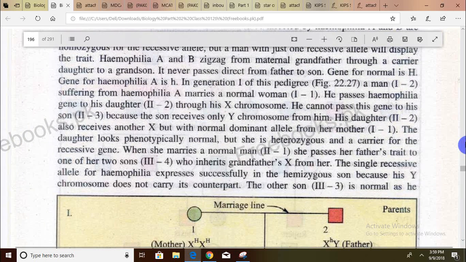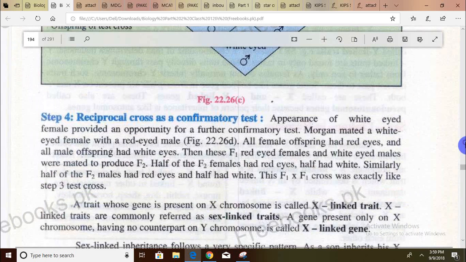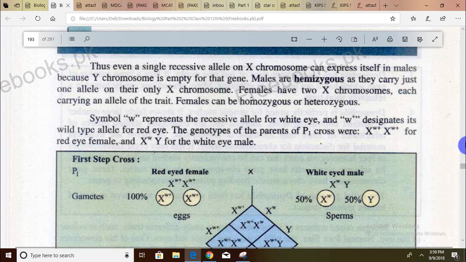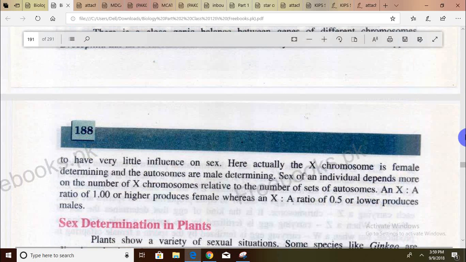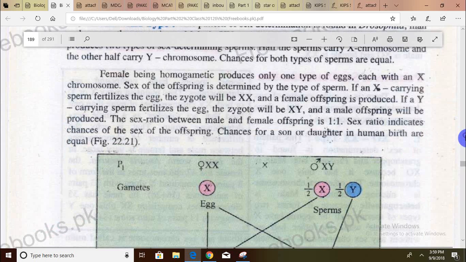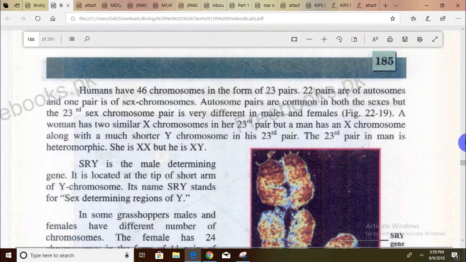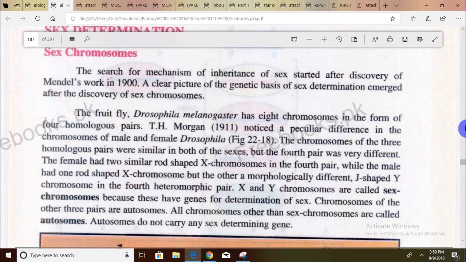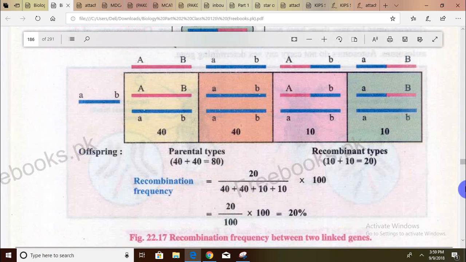Some stuff they have given in hell of a lot of detail is hemophilia and color blindness. I feel that is something we should also do, for no other reason than the fact that this is literally the one that they ask the most. But you also have to be able to understand this topic of sex determination.